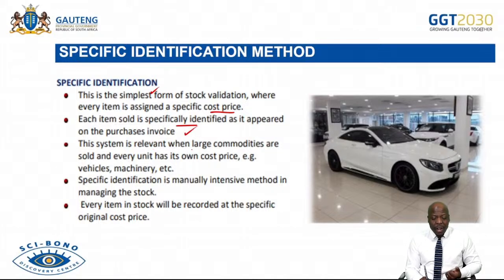And this system is relevant when large commodities are sold and every unit has its own cost price. Very important. We're talking about items such as your vehicle, your machinery, your jewelry. You have furniture shops that even use this type of method. The specific identification is a manually intensive method in managing the stock, and every item in stock will be recorded at the specific original cost price.